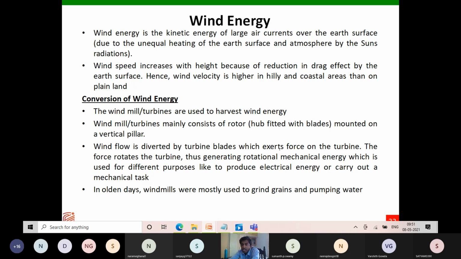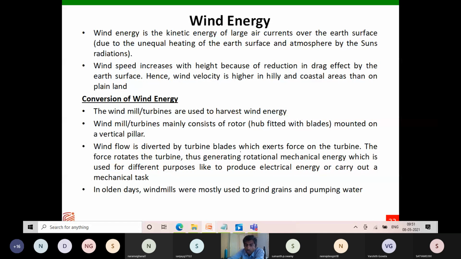It is found in hilly and coastal regions. So when this wind energy is connected to a turbine, the turbine starts moving, and this turbine is connected to a generator, and this generator is connected to a grid supply, and the energy is supplied.